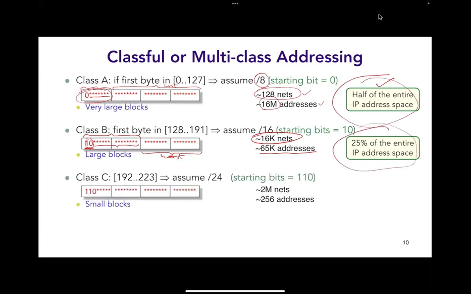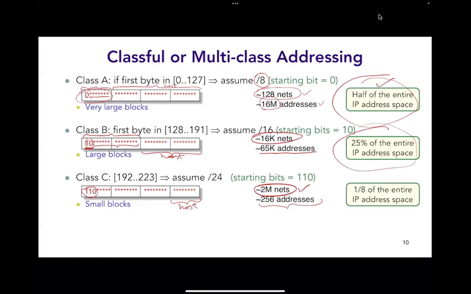Then we have class C IP addresses, where the starting 3 bits are 110. There are 2 million different networks, so we can accommodate many organizations, which is great. When multi-class addressing came about, people were very happy that they could accommodate many more organizations, and each organization would get 256 IP addresses, the 8-bit host portion in class C. The first 24 bits are the network or subnet portion.